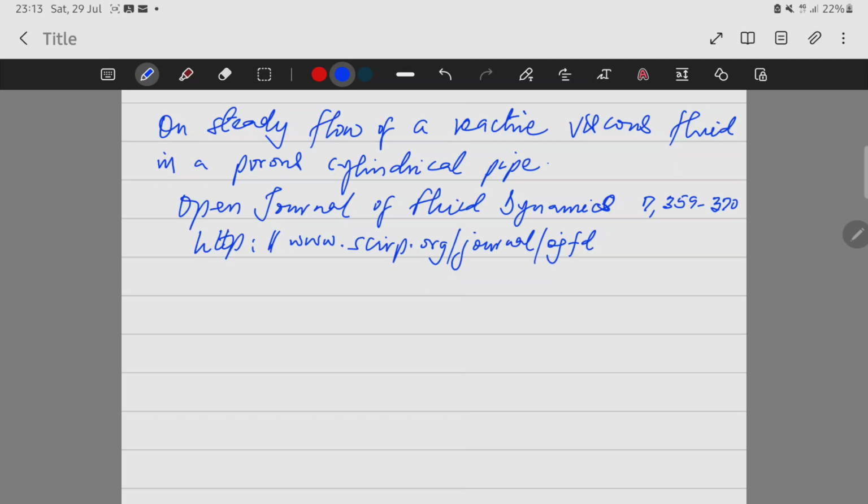In that paper, the governing equation is the energy equation, which is what we want to discuss.